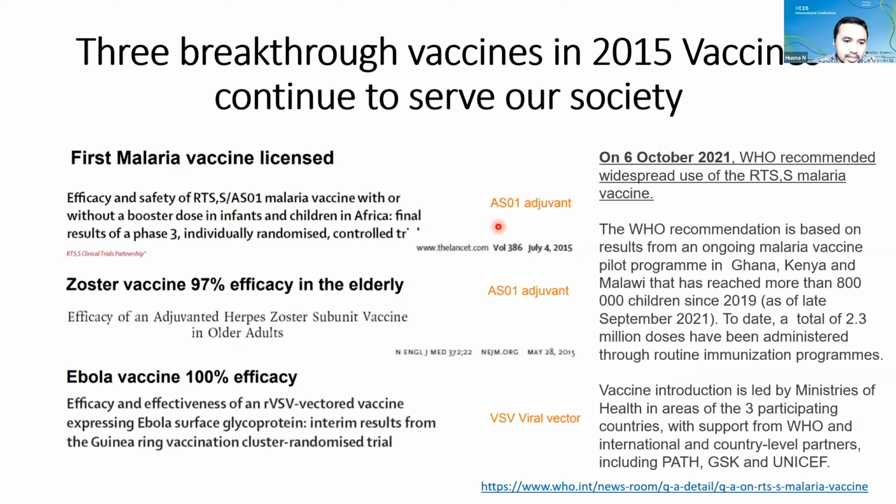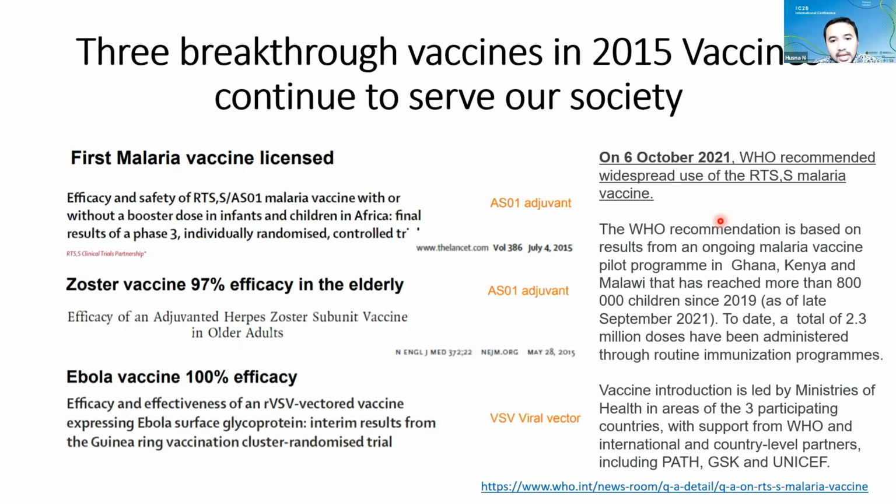The first malaria vaccine licensed with the AS01 adjuvant was actually already reported in 2015, but 6 years later, on 6th October, the WHO recommended it for widespread use.